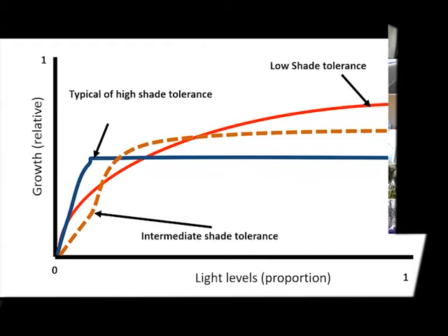Shade tolerance comes at an expense, and that typically is that trees that are shade tolerant will not grow as fast under high light. So it's a trade-off. Trees with low shade tolerance tend to be able to reach a more rapid maximum growth rate.